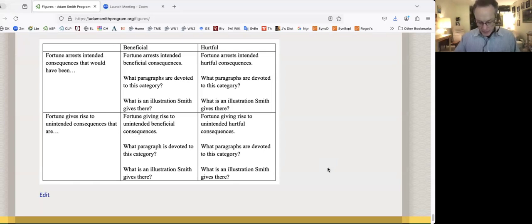So that's what Smith's illustrating here in these wonderful illustrations. And then he comes, it's a rather long chapter, that one, but it's a fun one, and it's not too philosophically challenging. And then he comes to kind of his resolution of this so-called irregularity of sentiment. And that's this last chapter, chapter 3.